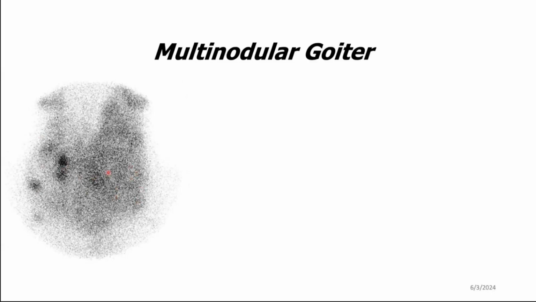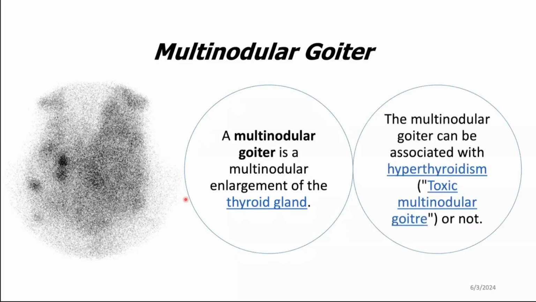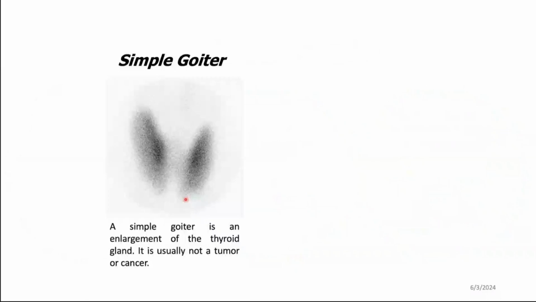So this is an example of multinodular goiter. Multinodular enlargement of the thyroid gland can be associated with hyperthyroidism in some cases.